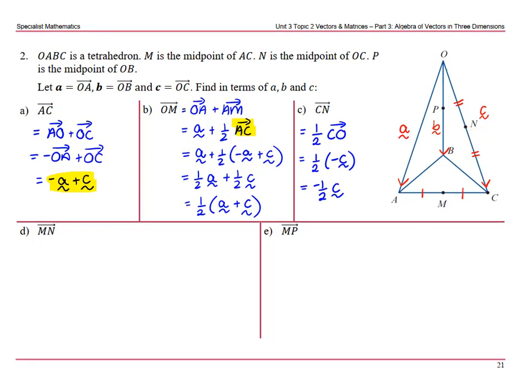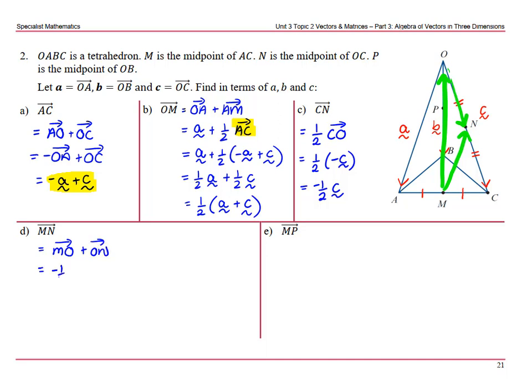Okay, MN is there. Now, there are different ways of doing this. You could go MC, CN. I already worked out what OM is in part B, so I'm going to go MO and then ON. But again, remember there are different ways, so you might have done it differently. So MO plus ON.